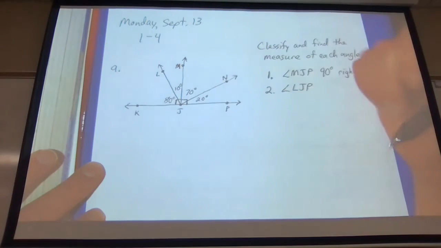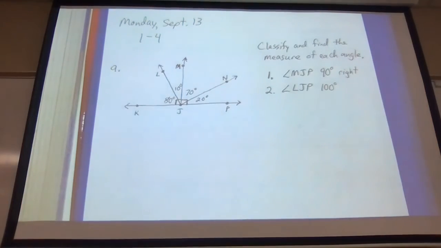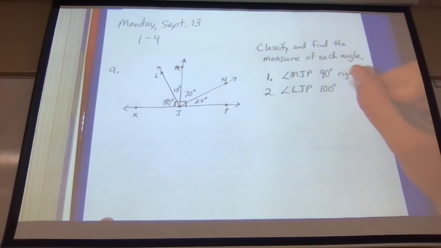What's 10 plus 70 plus 90? That's 100 degrees. Now, before I go any further, is there anybody who does not see where we got 100 degrees for LJP? Okay, 100 degrees, is that right, acute or obtuse? That's obtuse.